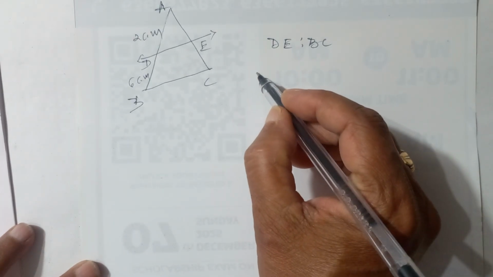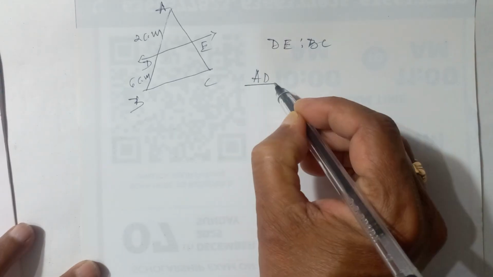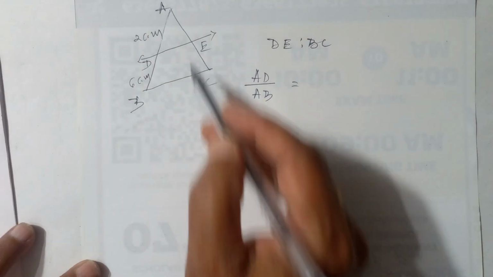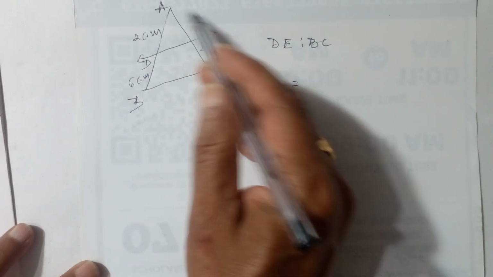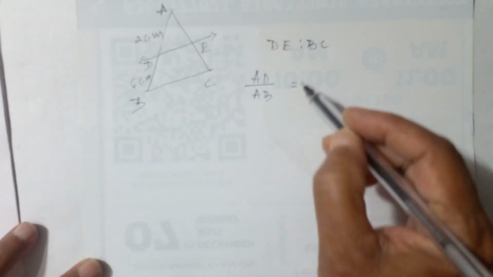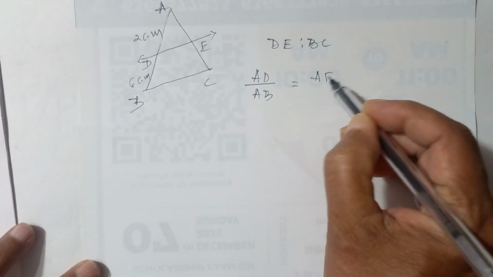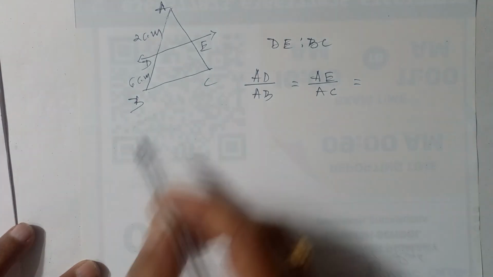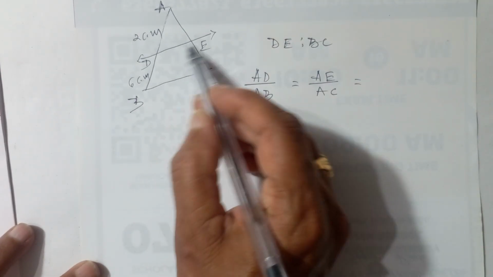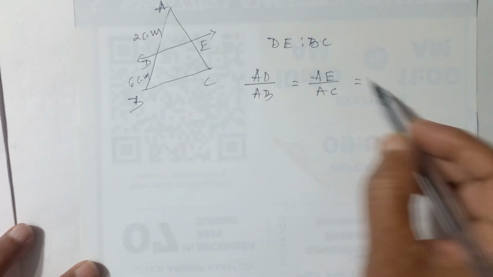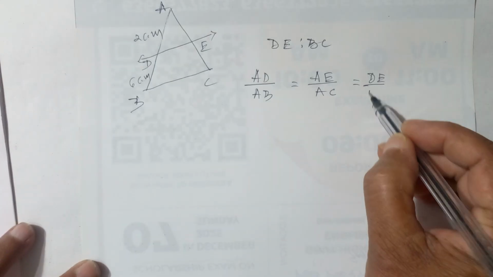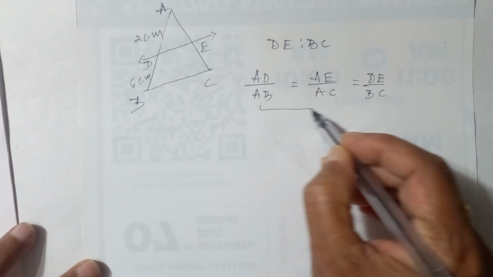Corresponding sides are proportional, that is AD by AB is equivalent to AE, the side of triangle ADE, by AC, the side of triangle ABC, which is equivalent to DE by BC. We need only these two.